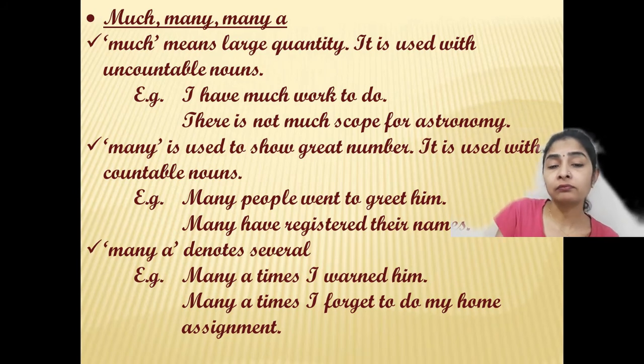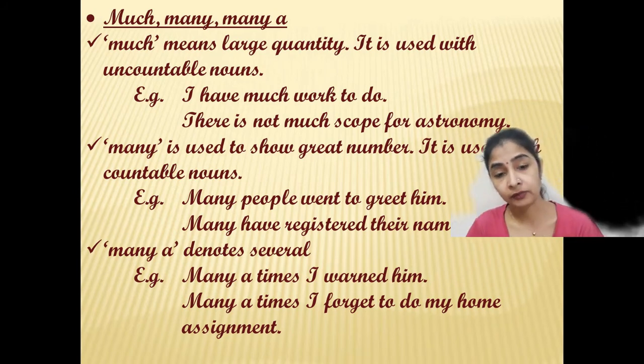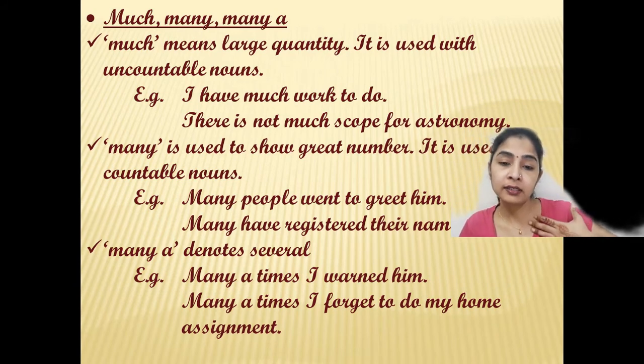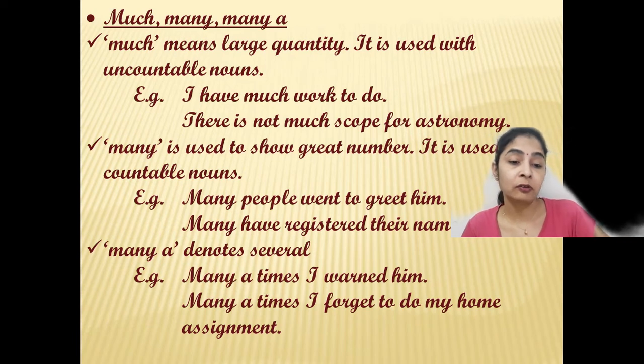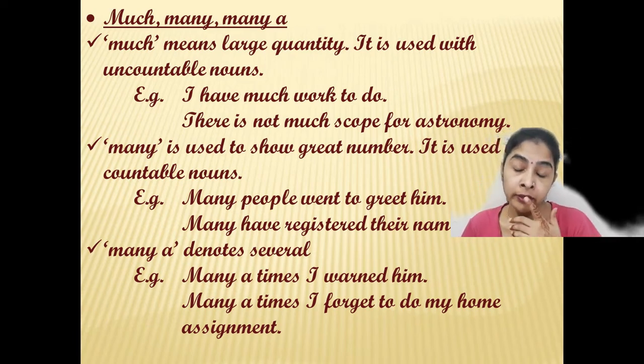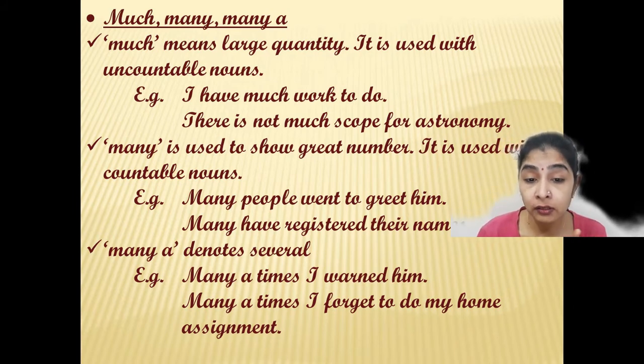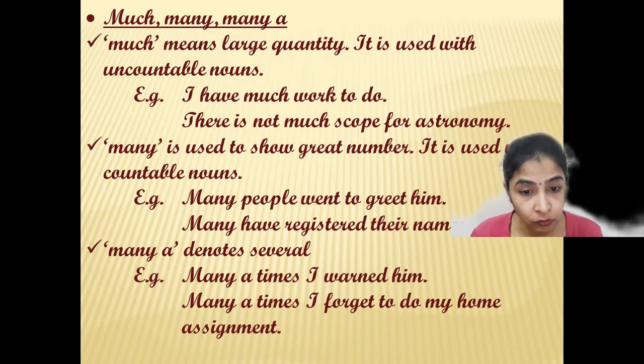There is not much hope for astronomy. That means there is some hope but not much. Okay, so it is not in a large quantity. There is some hope in the field of astronomy. Next, many is used to show great number. It is used with countable noun. If we work out on much, then much is used for work which is not countable.